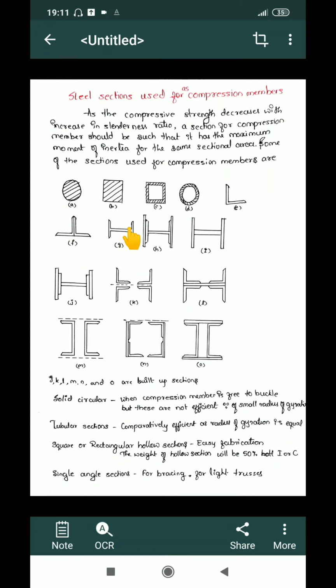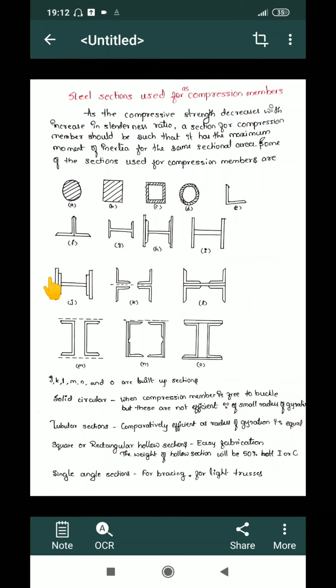Then I sections are the most widely used range, and if I sections are not efficient enough, we can stiffen this I section, or we can increase the strength of I section by providing additional flange plates, or we can also go for I sections which are made up of three solid rectangular or plate sections.